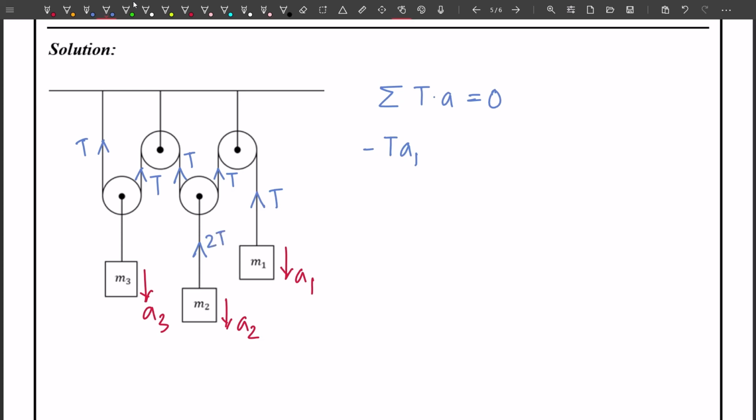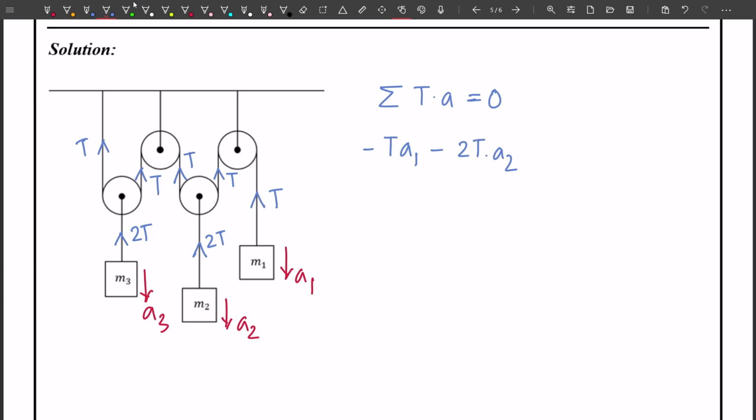So for the second mass the tension will be 2T, acceleration is again a2 but in the downward direction, so again cos 180 degree, so negative. For the third mass m3, the total tension acting on m3 is again 2T, right?